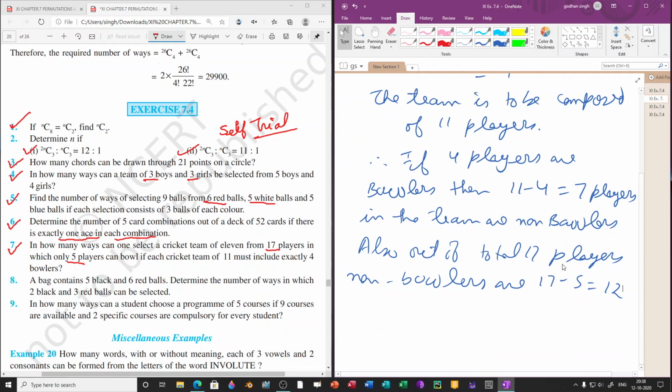Therefore, we have: in how many ways can one select a cricket team of 11 players?